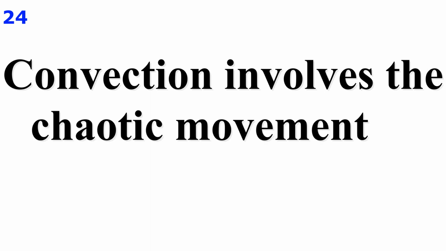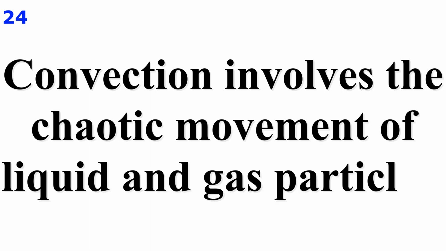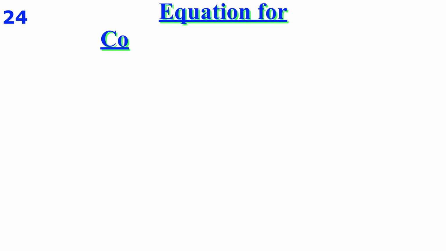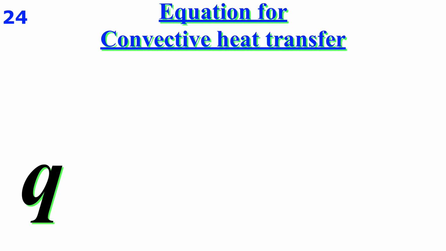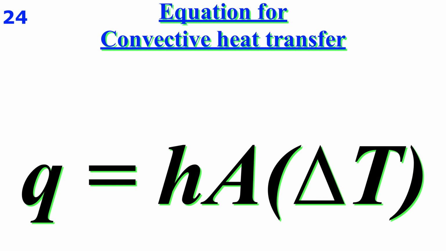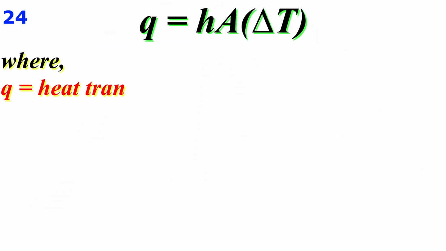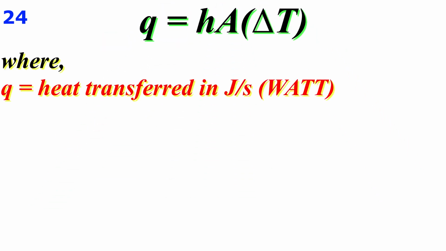My dear little friend, although convection can be quite complicated as it involves the chaotic movement of liquid and gas particles, it can be modeled with an equation. The equation for convection is, yes, in front of your screen, where Q is the heat transferred per second in joules.